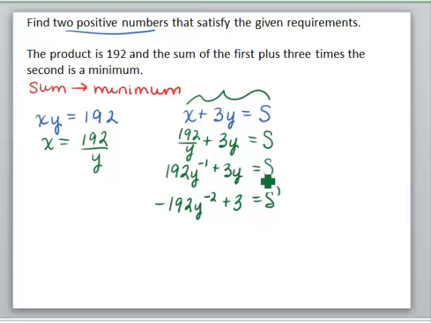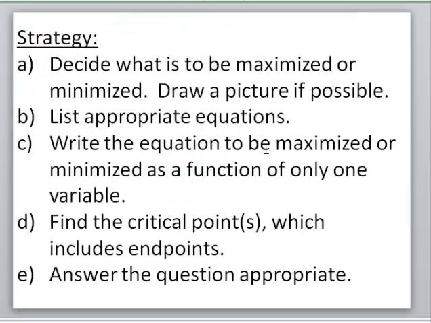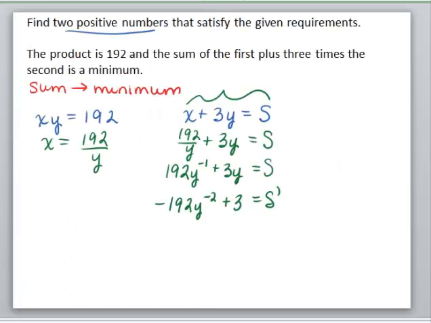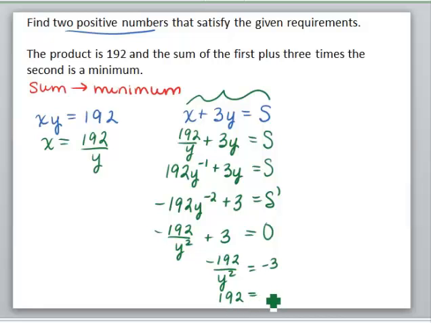Minimums and maximums occur at critical numbers. So once we have written that as a function of one variable, we find the critical numbers, which means we have to find the derivative. I need to set this equal to 0. And then I will move the 3 to the other side, and I will cross multiply and I will end up getting 192 equals 3y squared.